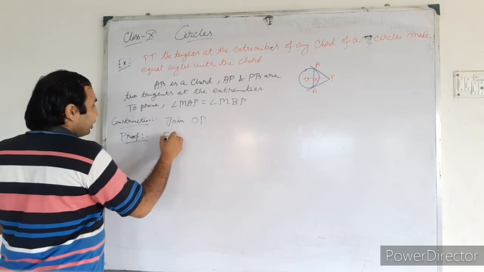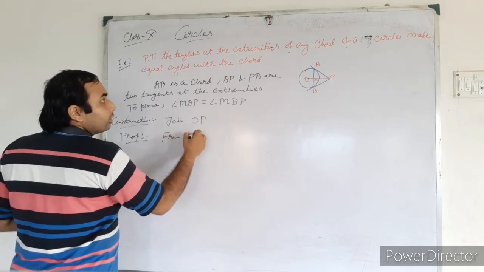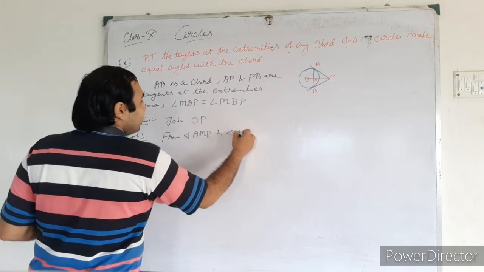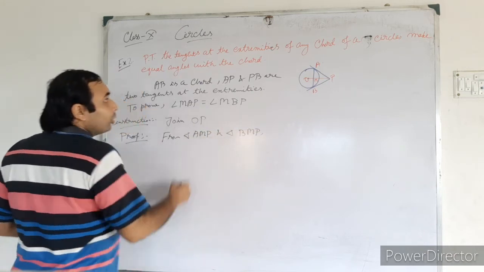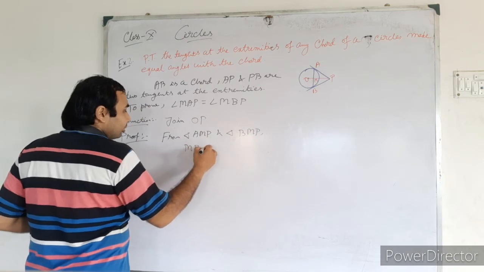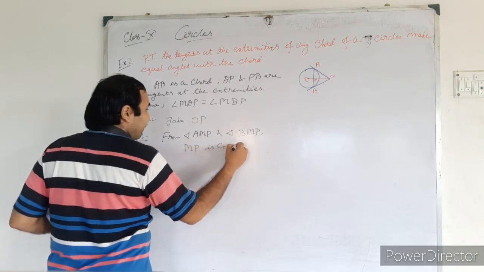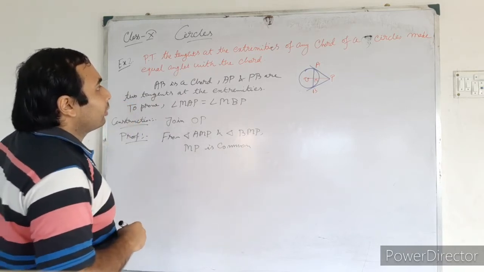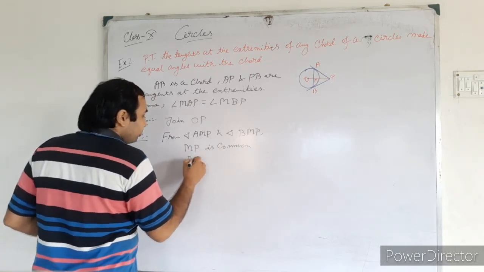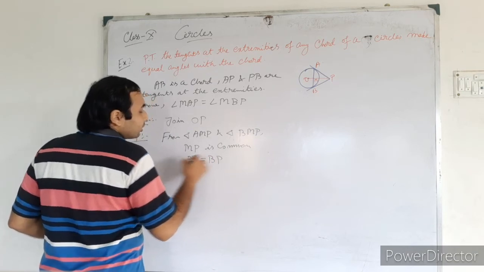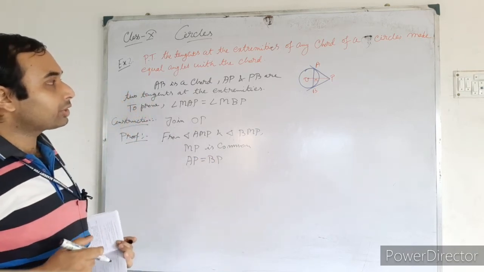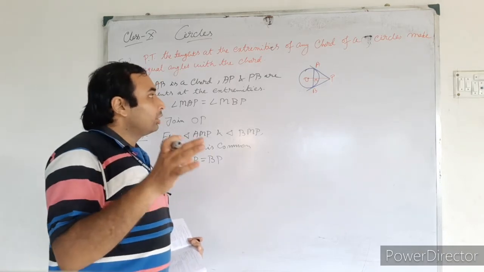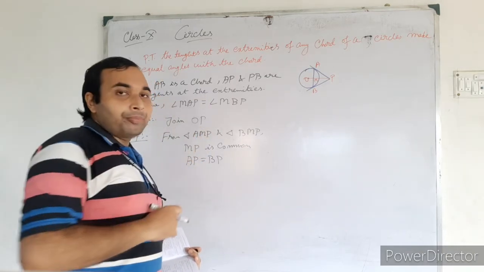So from triangle AMP and triangle BMP, MP is common. AP equals BP, because you know from the previous theorems, the tangents from one external point will be equal.